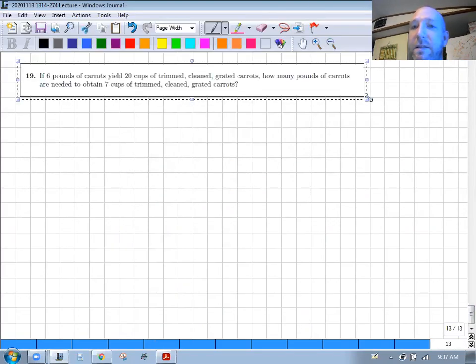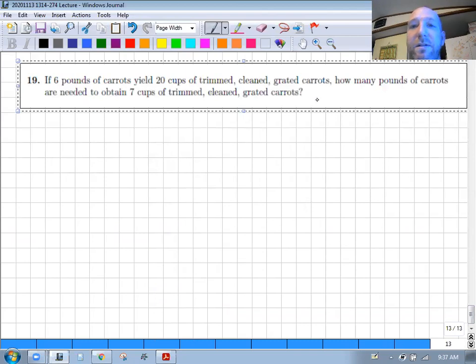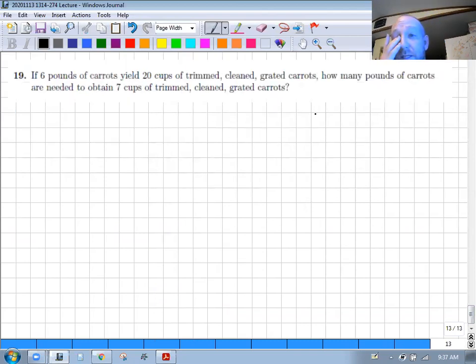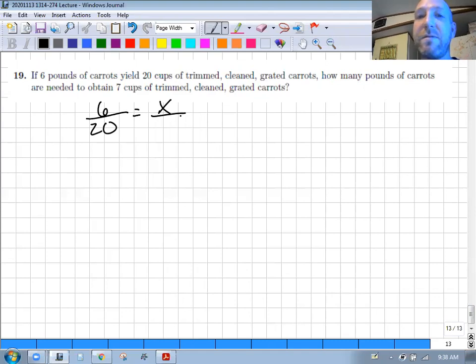All right, let's see. 6 pounds of carrots yield 20 cups of trimmed, cleaned, grated carrots. How many pounds of carrots are needed to obtain 7 cups? So 6 pounds of carrots yield 20 cups. So how many pounds of carrots will make 7 cups?